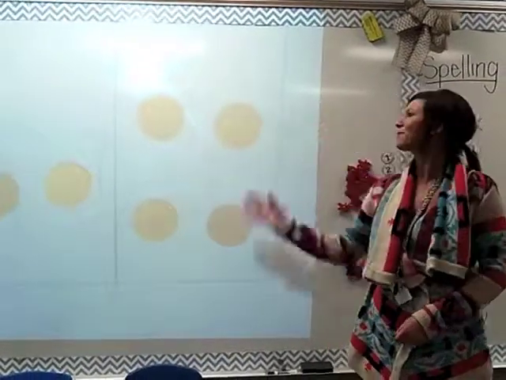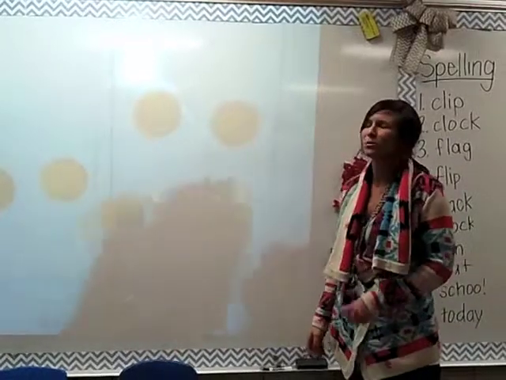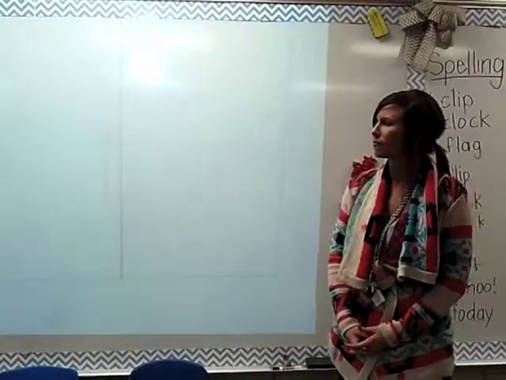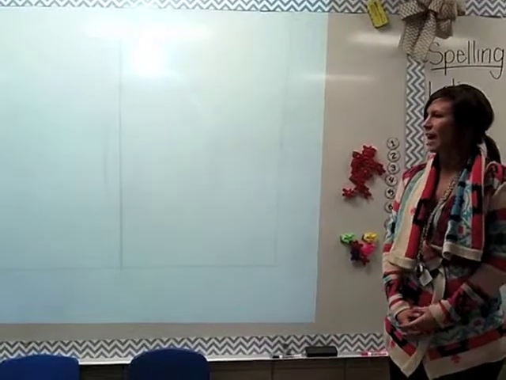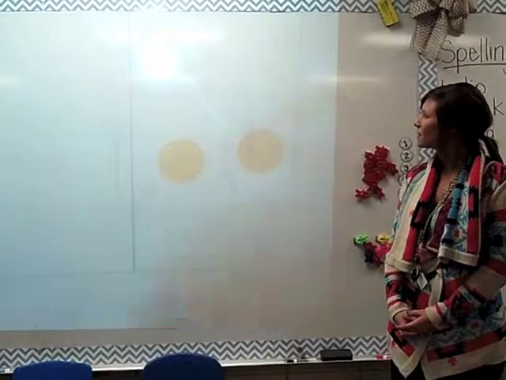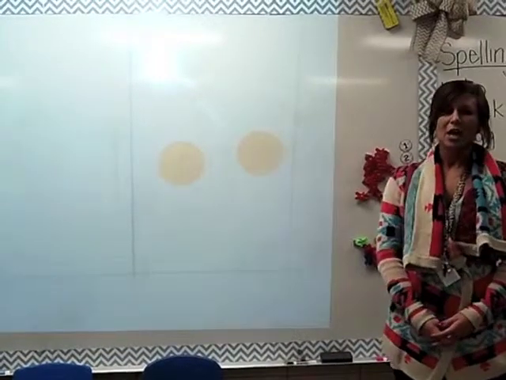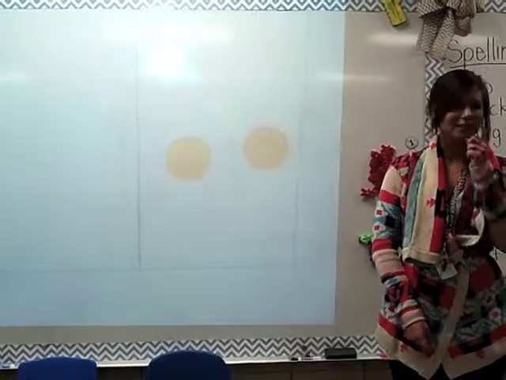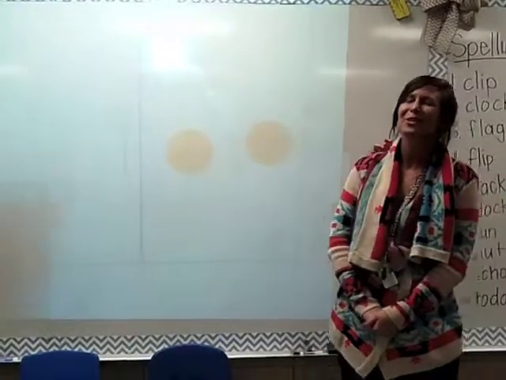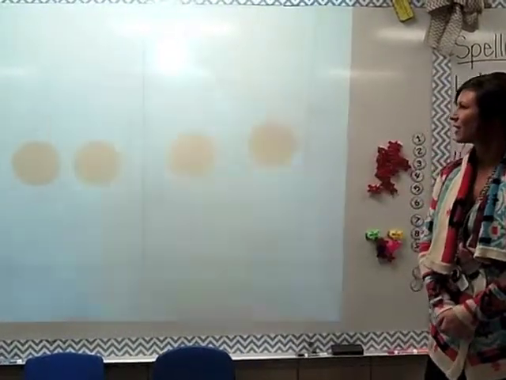Good job, friends. Okay, go ahead and clear those off, Mr. Bachman. We'll do one more with adding twos. Isabel had 2 erasers. And let's see, who could we do? Caleb. Caleb had 2 erasers also.